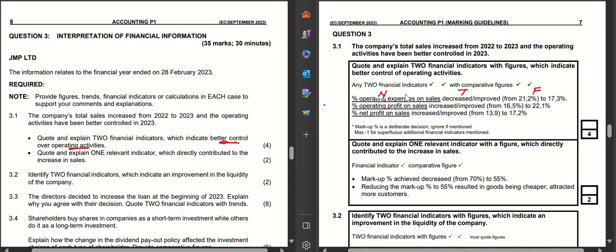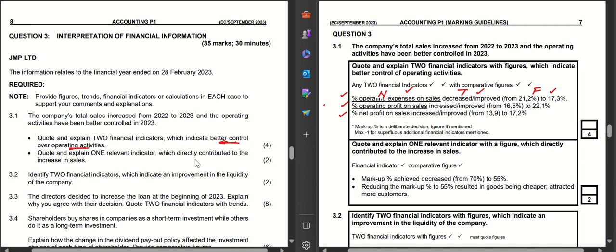Okay, so you need the name, which is your operating expenses on sales, you need the trend, that it has decreased, and then you need the figures. In this case, it has decreased from 21.2 to 17.3. So here we had our operating expenses on sales, operating profit on sales, and net profit on sales. But in all of them, you can see that we have the name, we have the trend, and we have the figures.